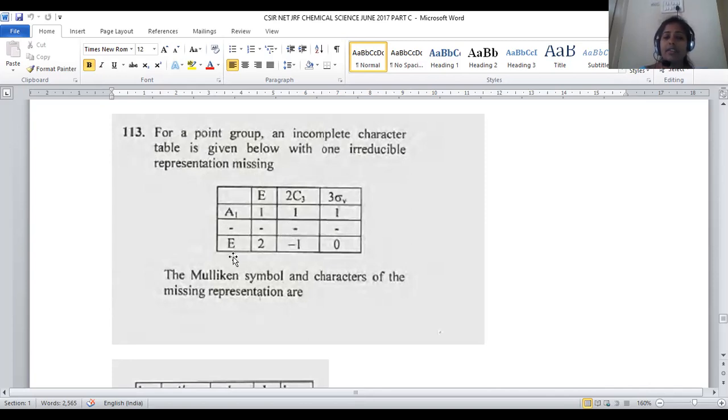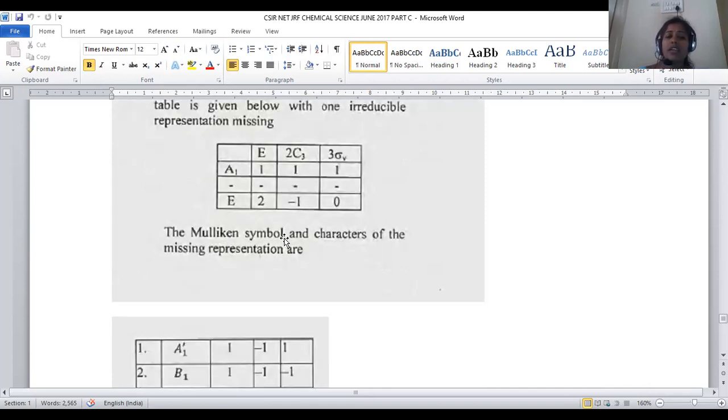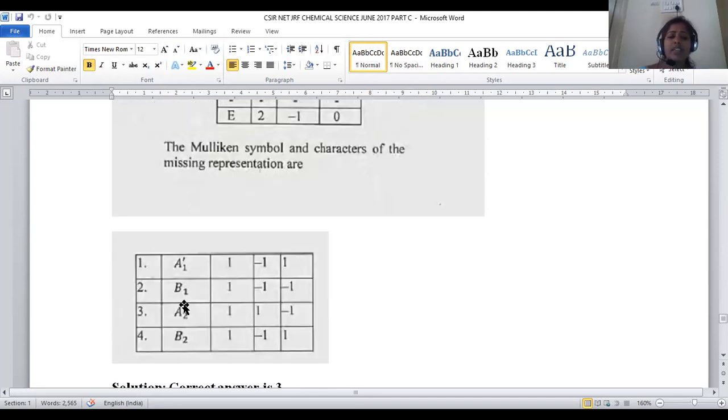So A1, E, these are the irreducible representations. The symmetry operations are present in these 3 columns. E is the identity, C3 symmetry is there, 3 sigma V symmetry is also provided to us. The Mulliken symbol and characters of the missing representation are, so what the terms to be filled in this column are, we have to predict.